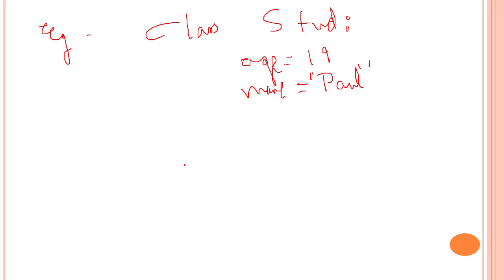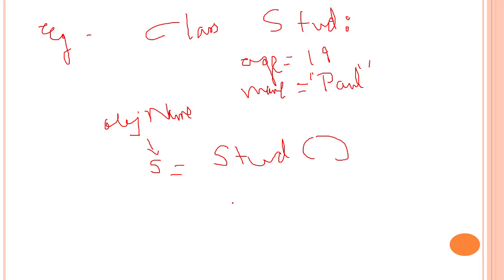Now, how to create an object of that class? So let's create an object. It's quite easy. You just have to write S, that is the object name. Right now I'm just writing S as the object name. This is obj name. Okay, and to create an object, I just have to write the class name and parenthesis open, parenthesis close.